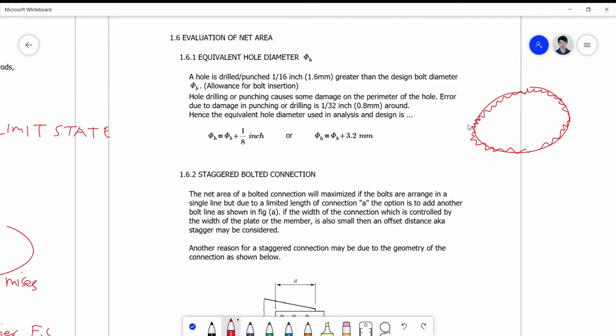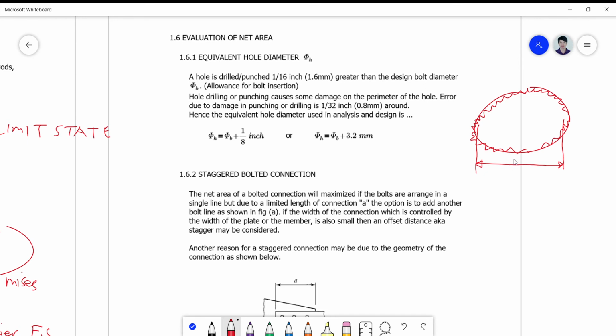If the error is 1/32, and I want to get the diameter of the hole minus the error, I just subtract 2 times 1/32. So I have here a correction factor again of what?